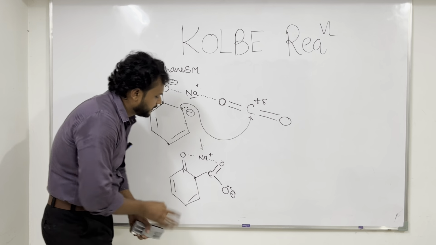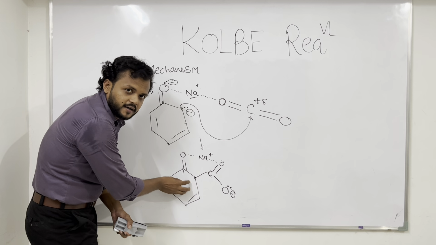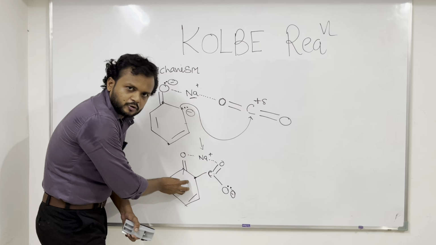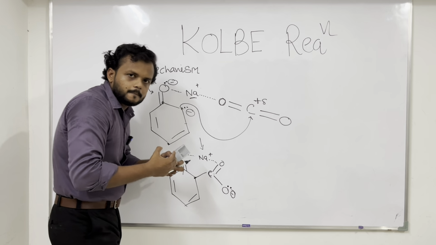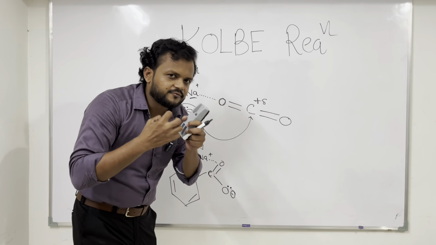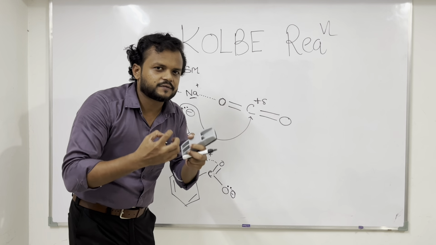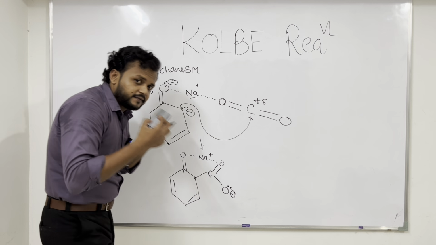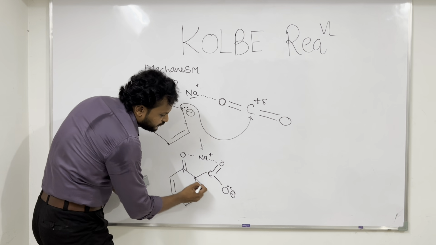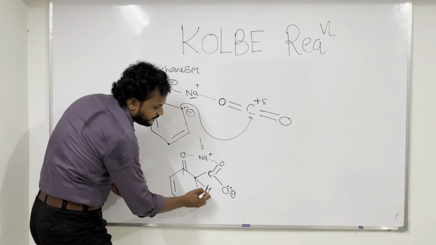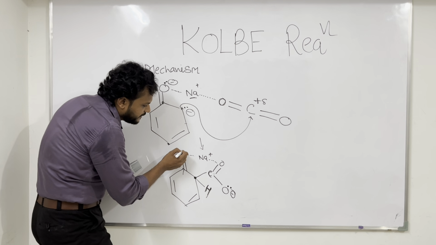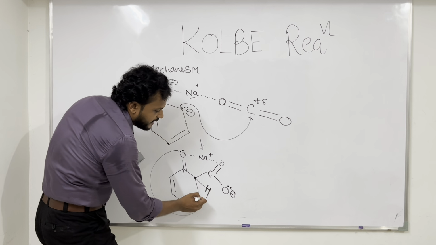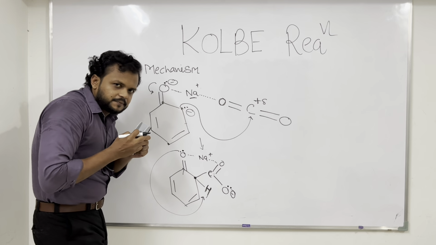At the same time, this ring is now not aromatic. It has lost its aromaticity, and because of this the intermediate is highly unstable. So it wants to be stable, and for that it needs to restore the aromaticity. And for that, this hydrogen from this site is going to be abstracted by this electron rich oxygen, which will grab that proton.